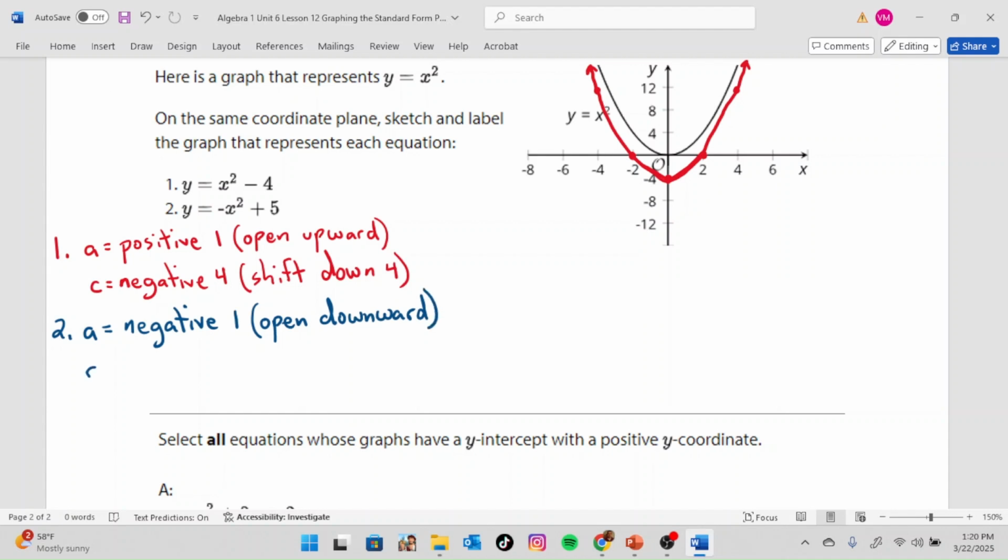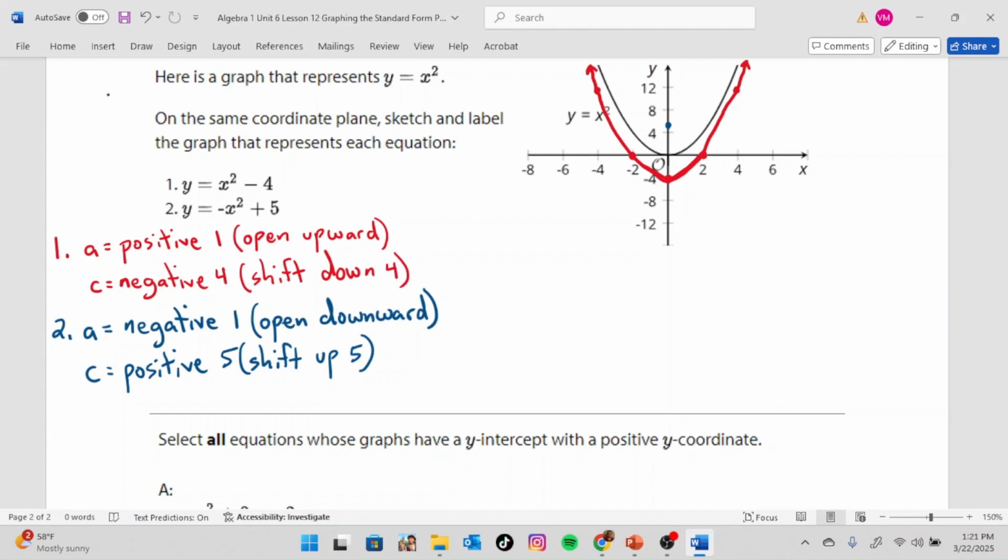The c term, being a +5, tells us that we're going to shift it up 5. So instead of starting at the origin, it's now going to start at 5, and then it's also going to open downward.